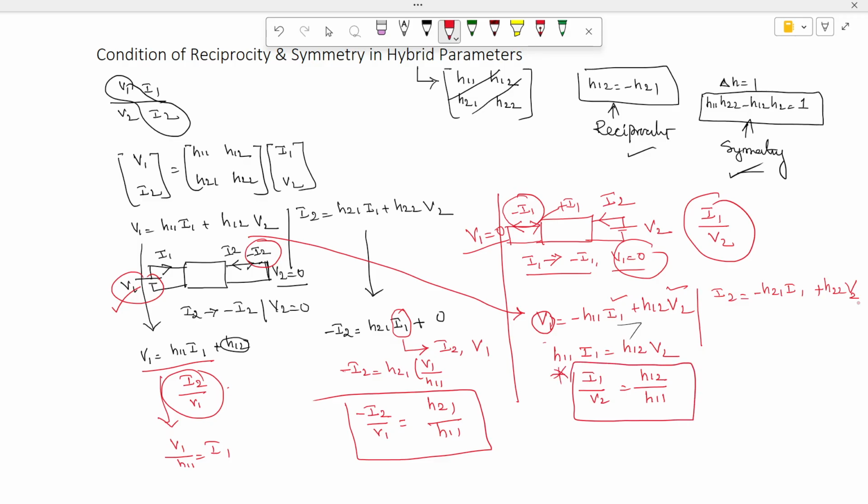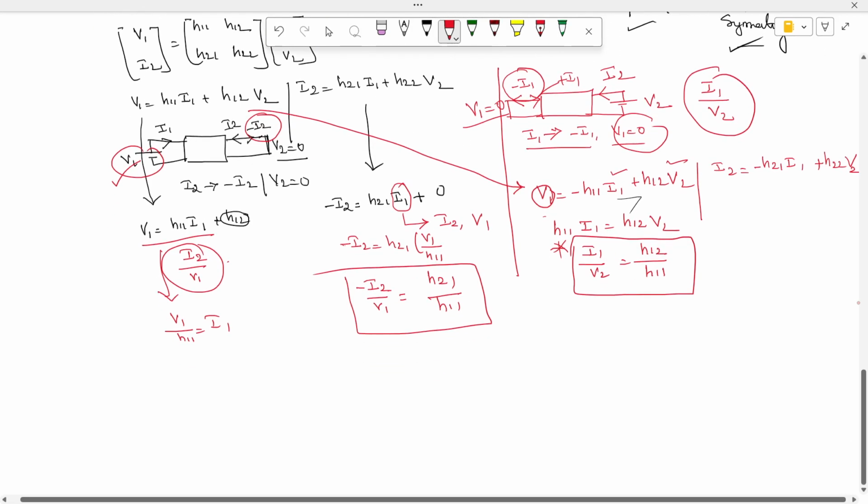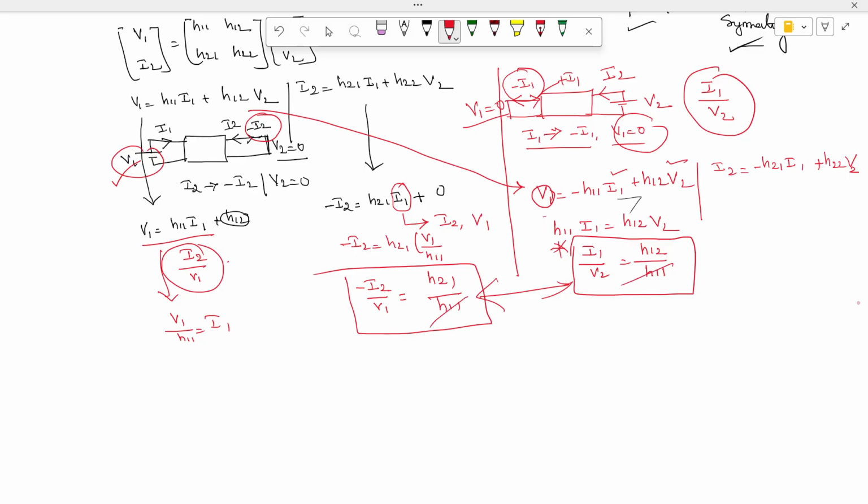From this equation we can frame out the comparison. Comparing the response to the excitation in these two equations, H11 gets cancelled and the minus comes here. So H12 is equal to minus H21, which is the condition for reciprocity in the case of the H parameter model.